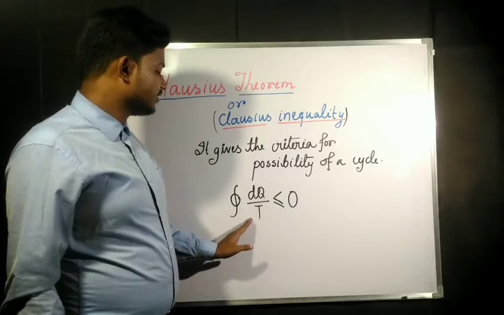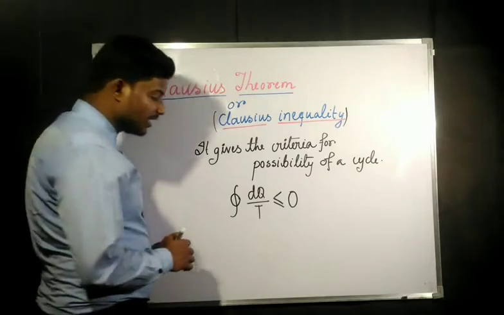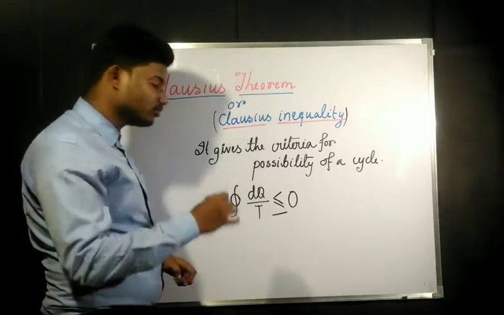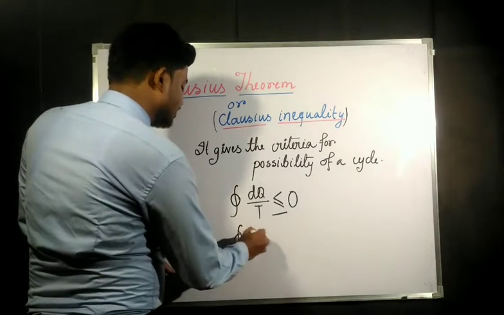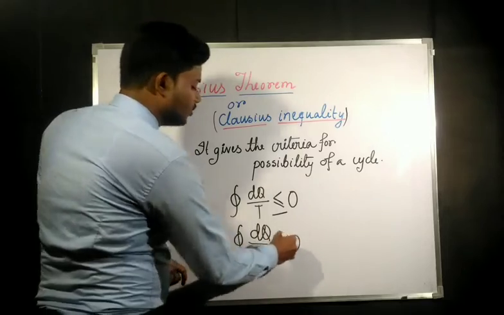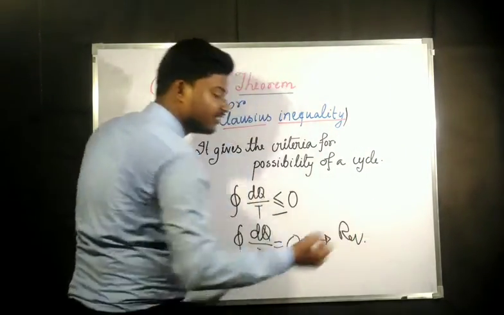They say that the cyclic integration of dq by t is less than or equal to 0. That means in some cases it is going to be less than, and in some cases it is going to be equal to. If the cyclic integration is equal to 0, then you must know that this is only possible for a reversible cycle.